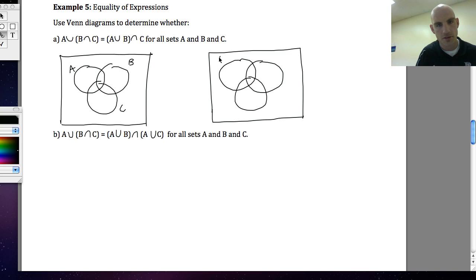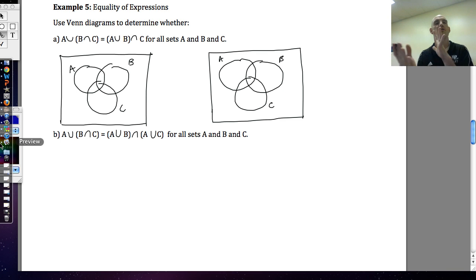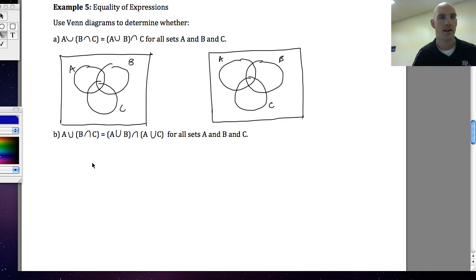I like to give myself a little space when I draw them so that I have room to color. And I'm going to use the same sort of colors and crosshairs setup that I did before so that I can make sure I've got my sets correct. When I look at A union B intersect C, I'm going to do this part first.